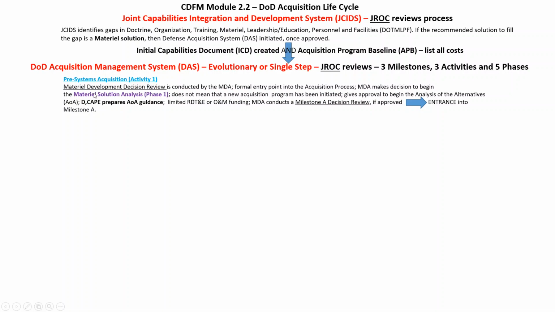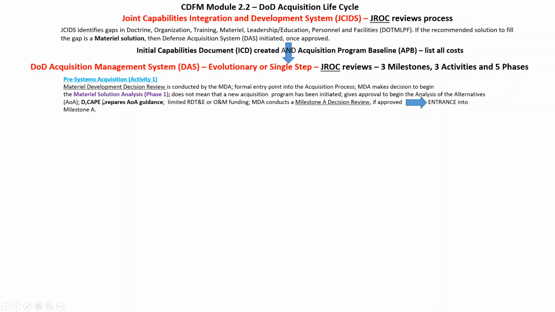So the first phase of the acquisition system is the material solution analysis. We have to do some analysis to determine, okay, in theory, we said this was the fix for the problem, fill the gap, accomplish our mission. But now we need to actually go into the specifics.